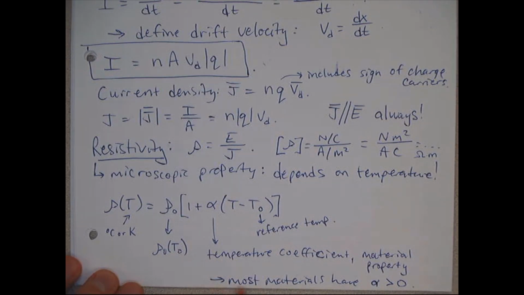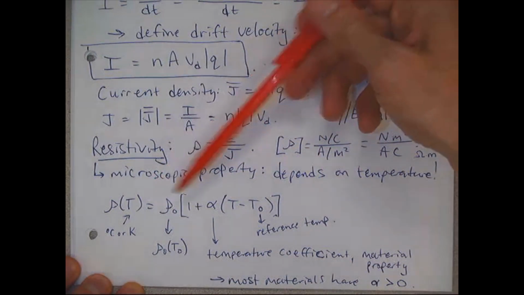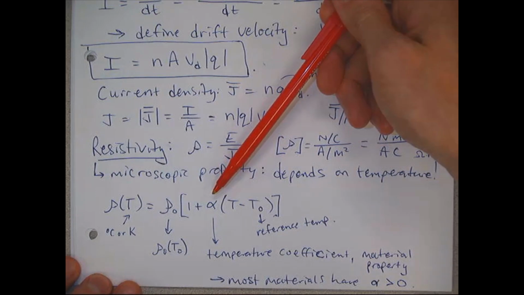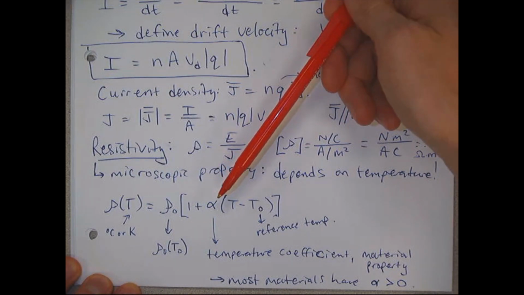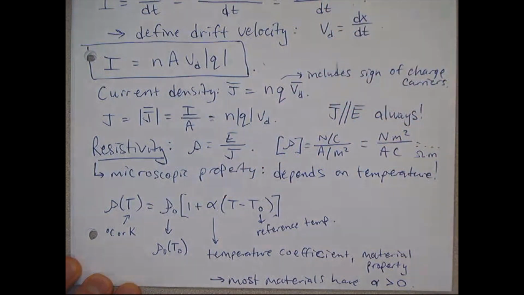Now, carbon is one of the rare materials that has a negative alpha value, meaning as a carbon filament heats up, its resistance actually goes down, which allows more current to flow, which allows more ohmic heating, and there's a positive feedback loop.